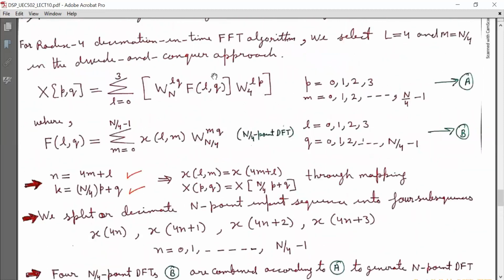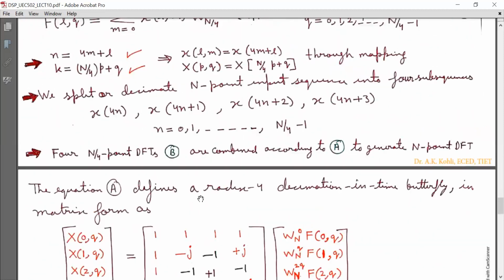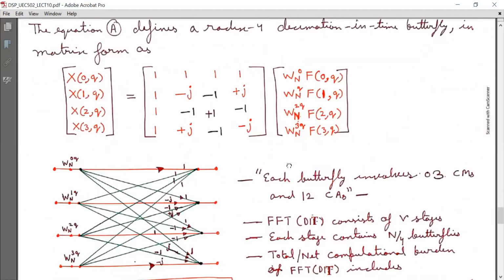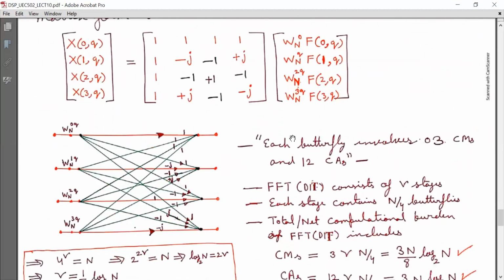From this formula we express it in matrix form. It's very easy. You can perform it at your places on your notebook and you will find it to be correct.